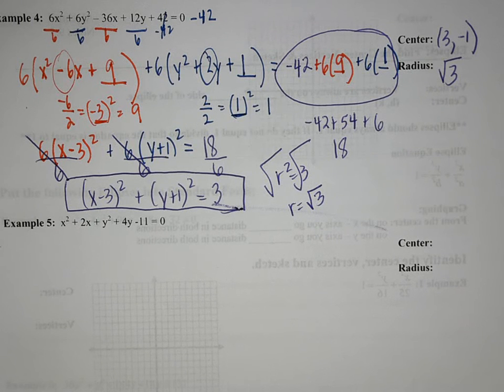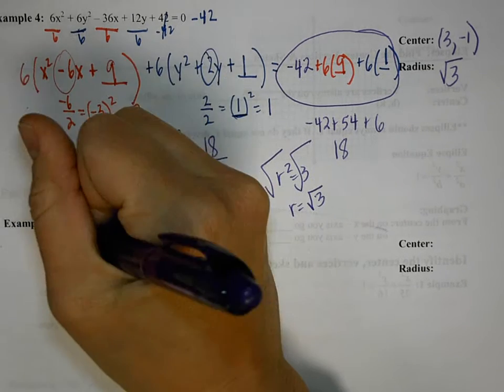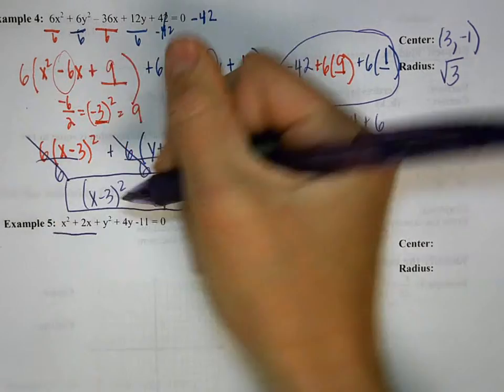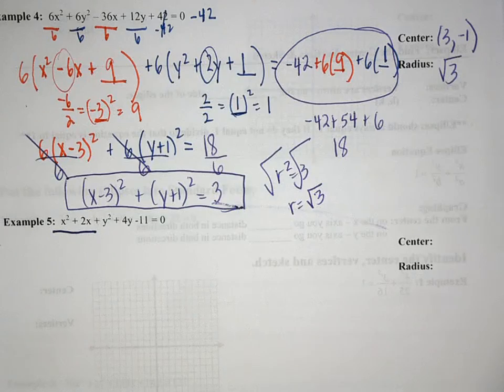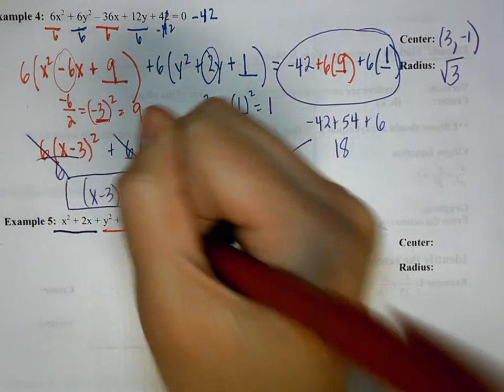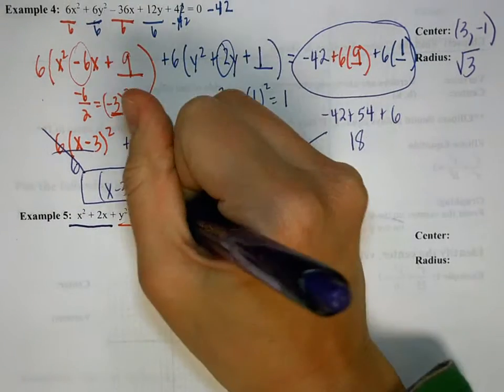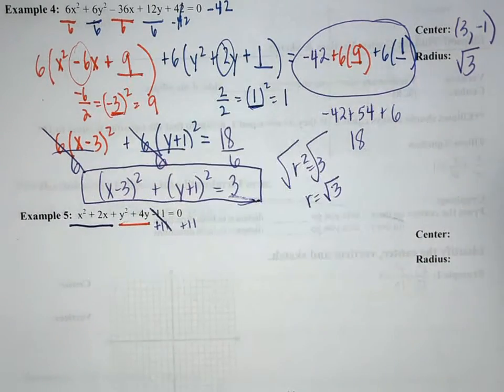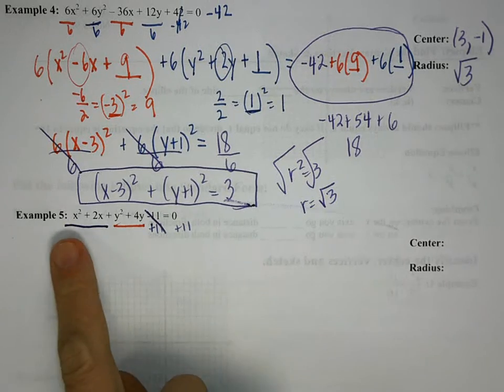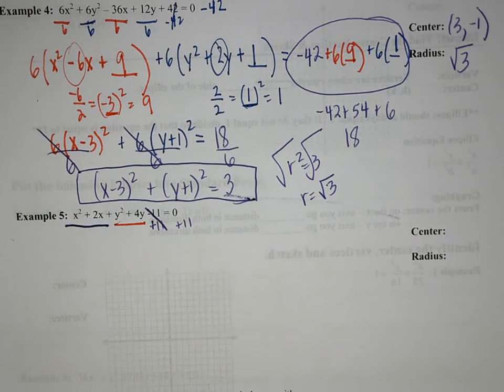Okay, so hopefully you got a chance to try this on your own first. So again, we always want to put our x terms together. Actually, I'm going to use blue, sorry. X terms together, and then our y terms together. And then this negative 11, I'm going to go ahead and add 11 to move it over here to this other side. So there's no terms in front of this one now, so we just have to write this out to complete the square.